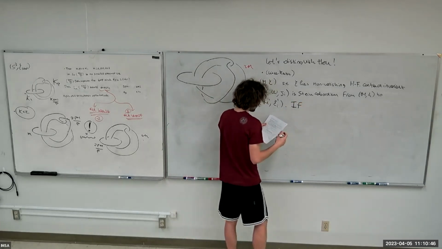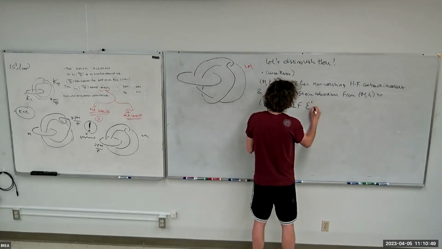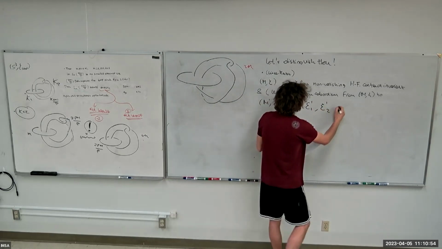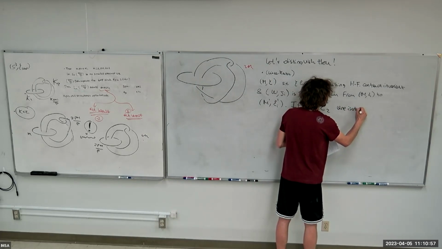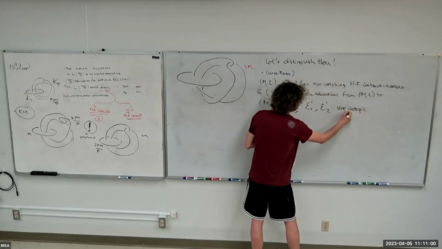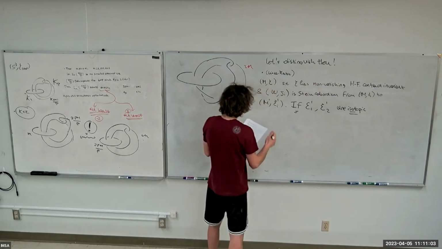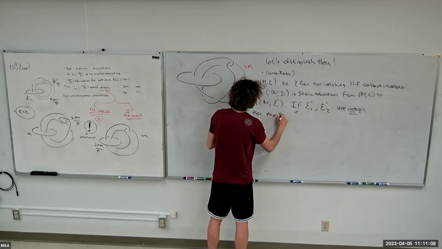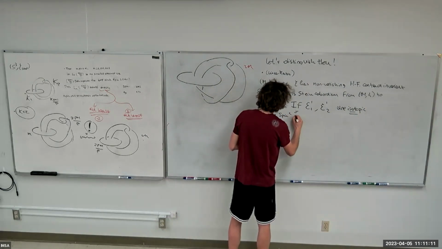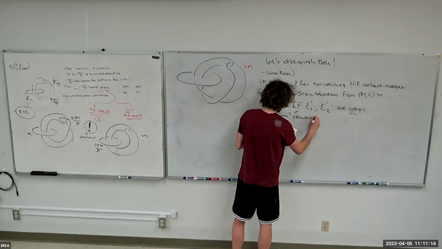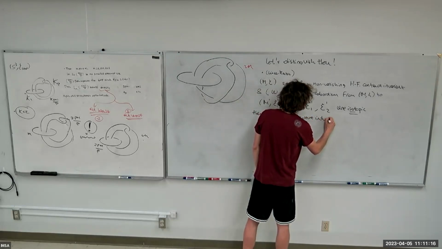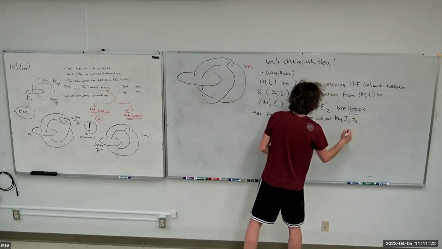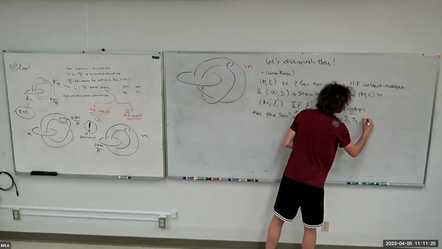If psi_1 prime, psi_2 prime are isotopic, then the spin C structure induced by this complex structure by J1, J2 are isomorphic.